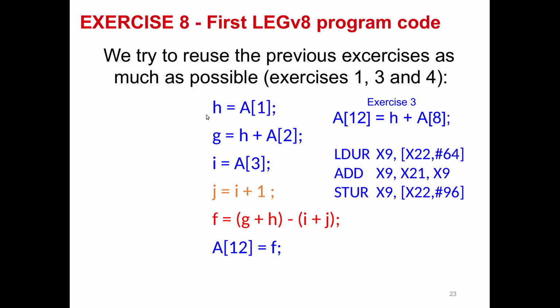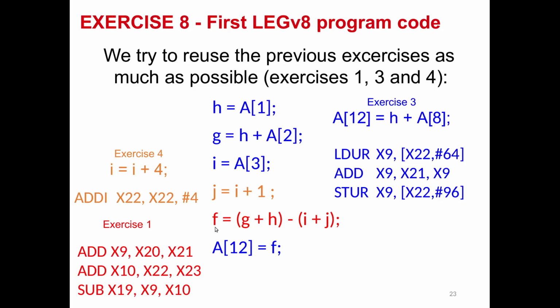The value inside a register is loaded from memory similar to this, a register is added together with a value in memory, which is this one, and we also store a value from a register to memory like this. The code in yellow is the operation working with an immediate value, so it is exercise number 4. The red code is exactly exercise number 1.